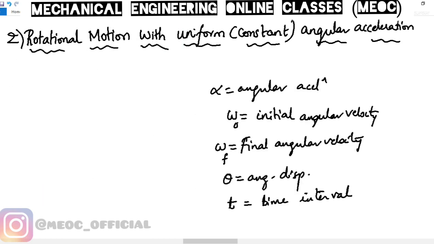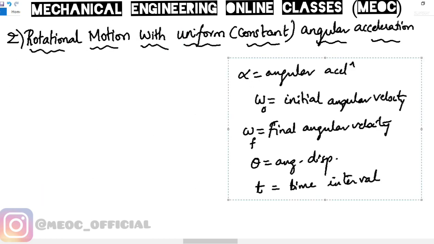Let us analyze rotational motion at constant angular acceleration. Let alpha be the angular acceleration, omega naught the initial angular velocity, omega f the final angular velocity, and theta the angular displacement in time interval t.